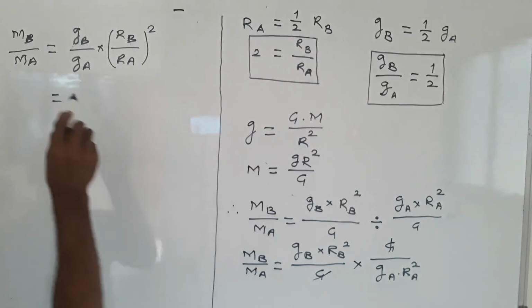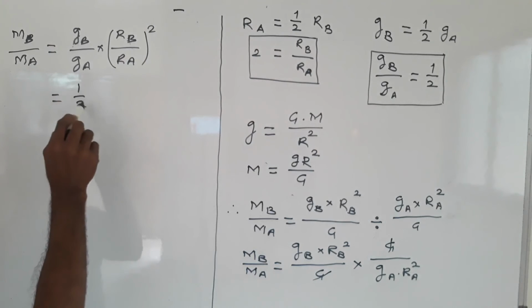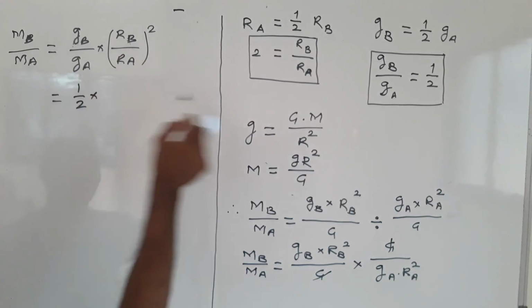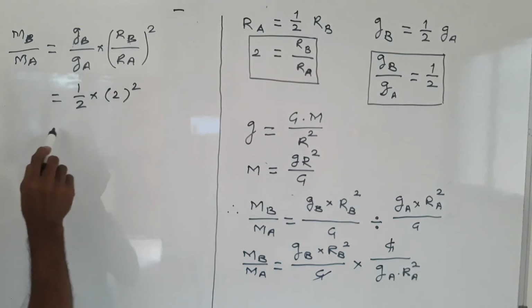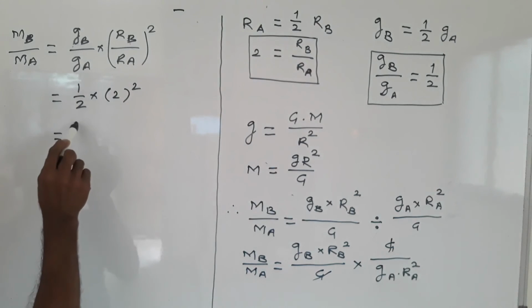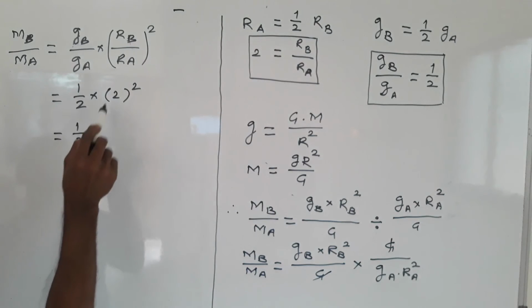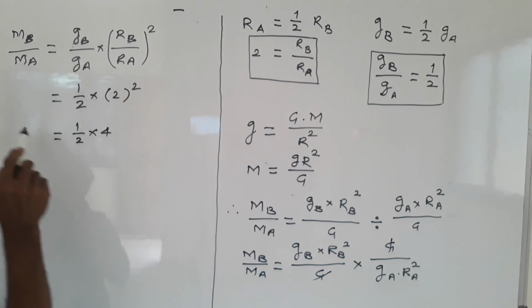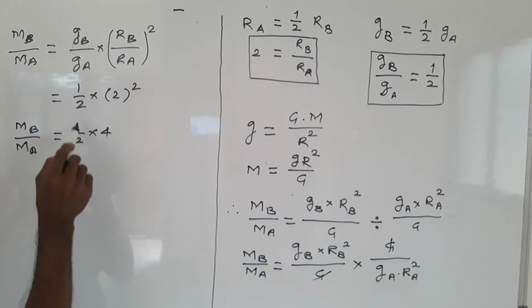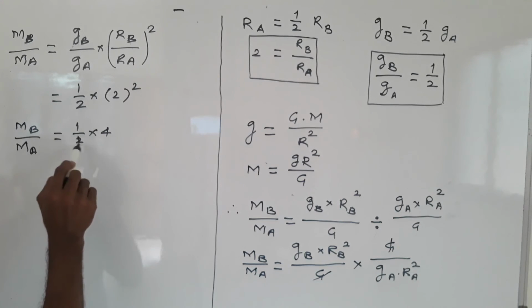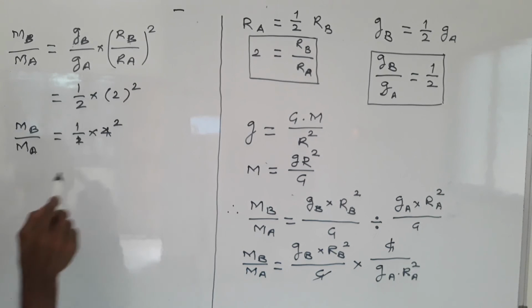Now we put the values: GB upon GA is 1 upon 2 and the value of RB upon RA is 2, bracket square. Now here 1 upon 2 into 2 square means 4. Therefore here MB upon MA is equal to 1 upon 2 into 4. Therefore 2 ones are 2, 2 twos are 4.